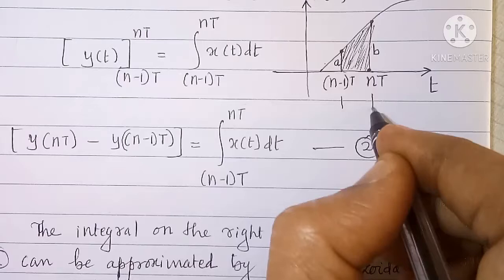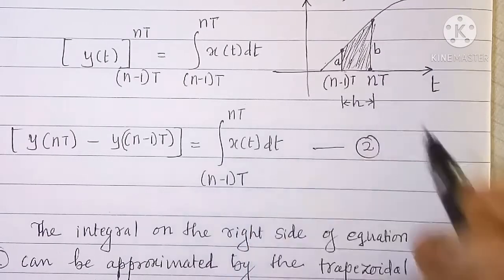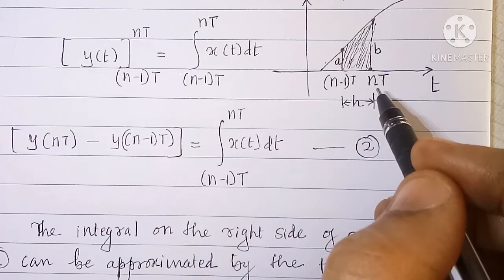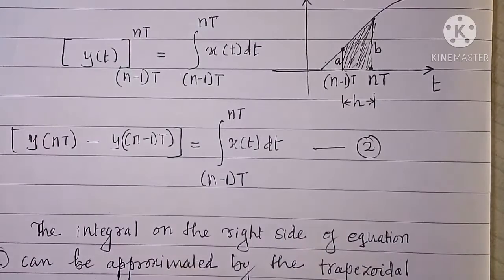Say this is the height of the trapezium, into half. That is, the area of a trapezium is half into h into A plus B.